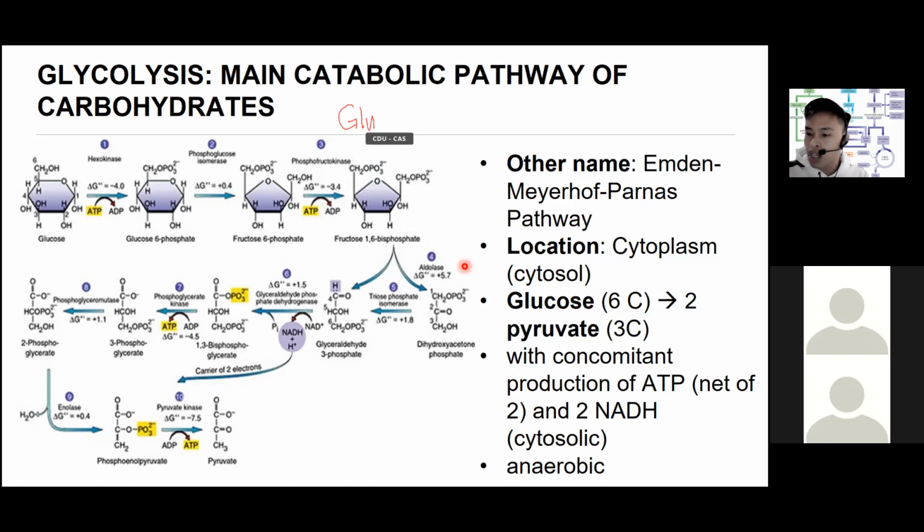Its goal is to convert glucose containing 6 carbons into 2 pyruvate containing 3 carbons each. That's the goal of your glycolysis. But in the end, it will also produce a byproduct of 2 ATP and 2 NADH.